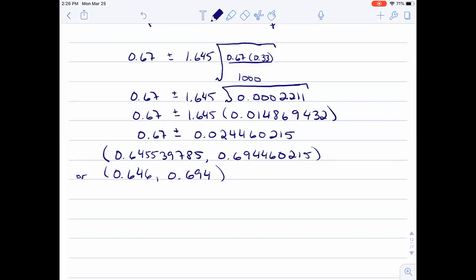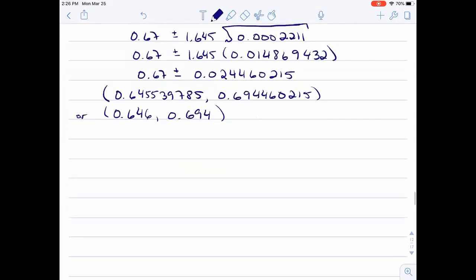Now, as long as we keep in mind that we're talking about the proportion and we're talking about this confidence interval capturing the true proportion, we can interpret the interval. So the question was, construct a 90% confidence interval for the proportion of Canadian adults who have invested in an RSP.